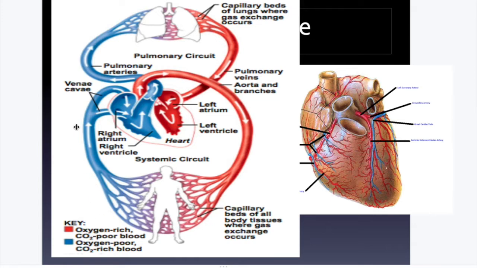And then that comes back to the right side of your heart, and that completes your systemic circuit of systemic circulation. As I mentioned before, the aorta is going to be your largest blood vessel. It's going to leave the left side of your heart. Your coronary vessels actually branch off right at the base of the aorta, and that's where these would come from.